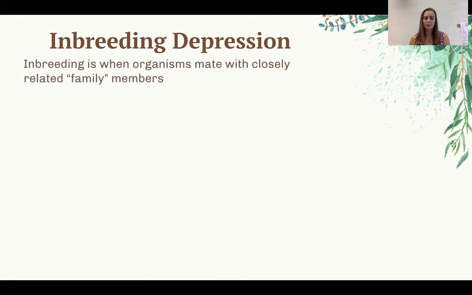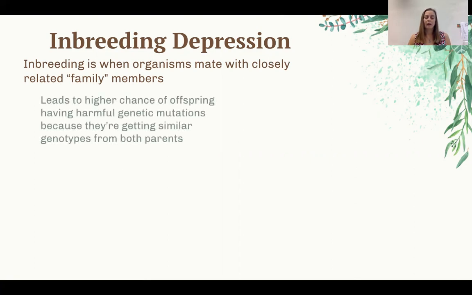Okay, another impact frequently occurs after a bottlenecking event, and that's called inbreeding depression. So inbreeding is when organisms mate with closely related family members. And so this leads to a higher chance of offspring having harmful genetic mutations, because those harmful genetic mutations are often recessive genes.